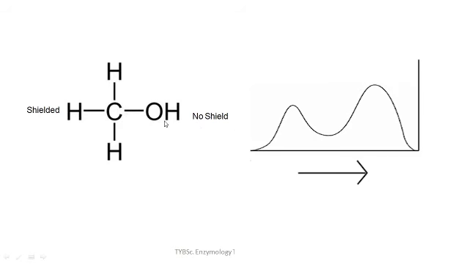Since it has no shield, it will require more energy to spin, whereas the shielded hydrogens will require less energy to spin. So here you can see that you get a peak of the not shielded or de-shielded hydrogen first, whereas for the shielded hydrogens, to acquire that peak, you need more amount of energy.